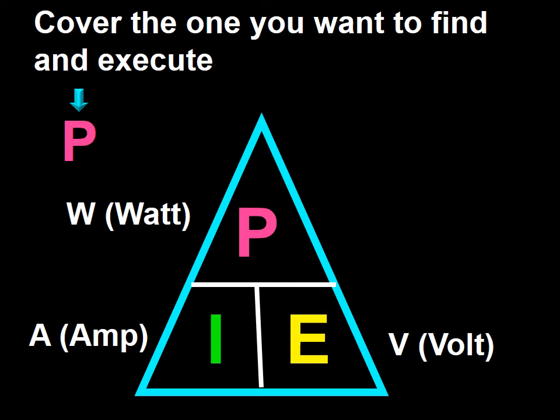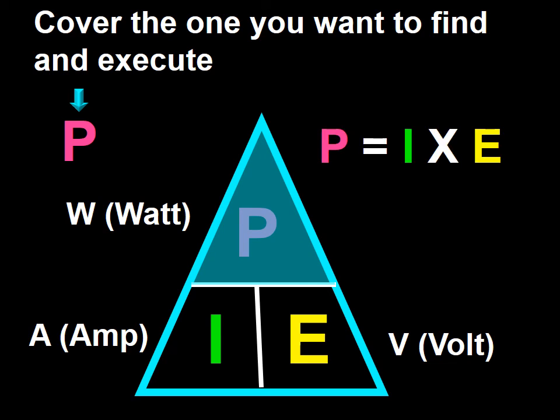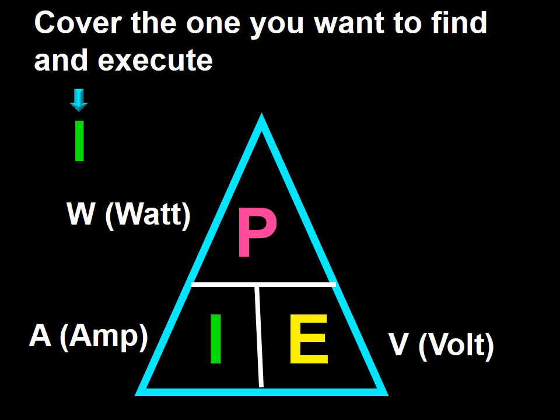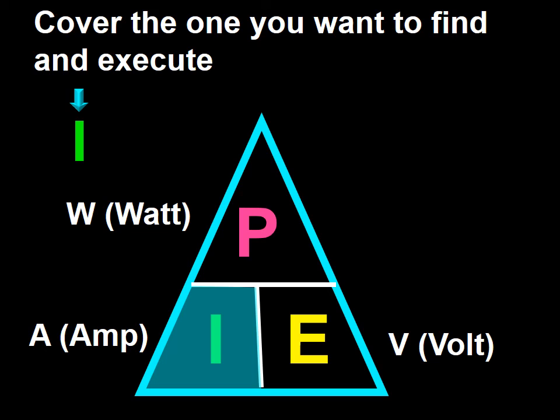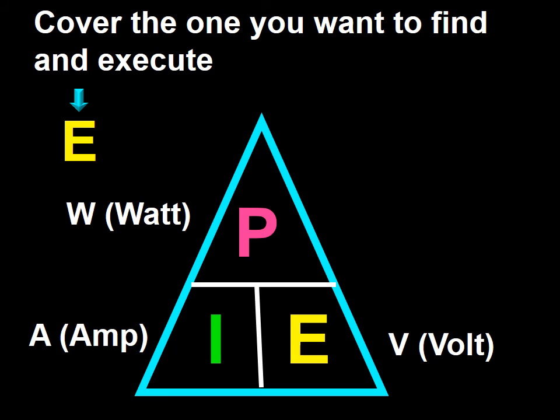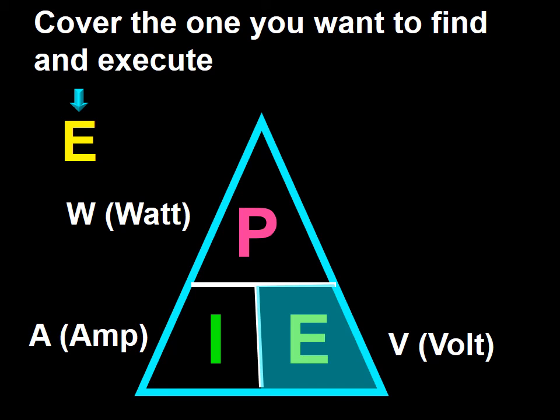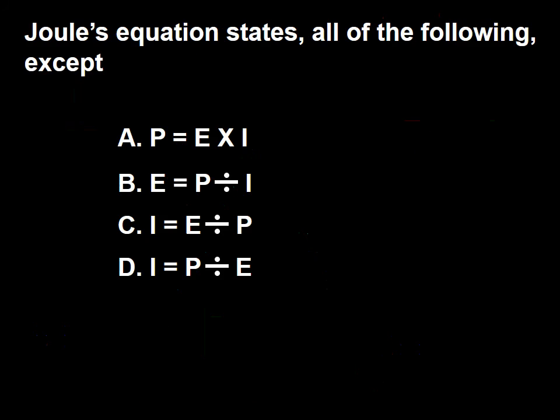So if we want to know the value of P, we cover P and then execute, which would be that P is equal to I times E. If instead we want to know the value of I, we cover I and execute the suggested operation, which is I is equal to P divided by E. If, on the other hand, we want to find out the value for E, we cover E and then execute the operation, which will be E is equal to P divided by I. So the answer to this question is C.